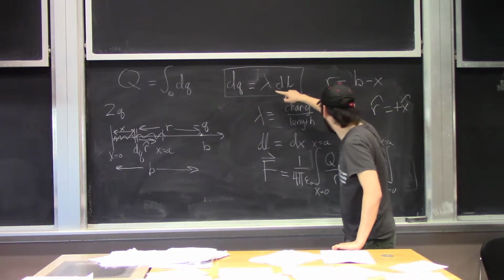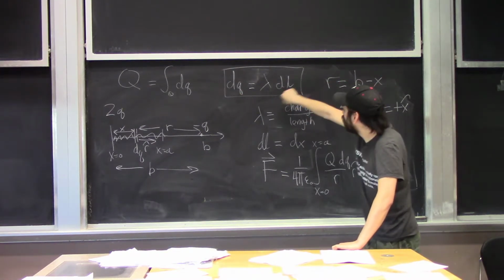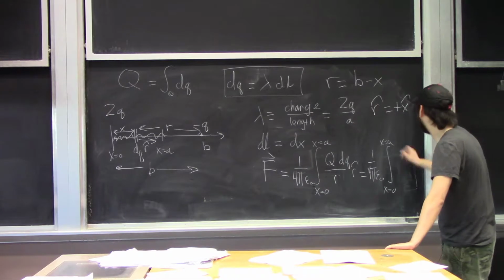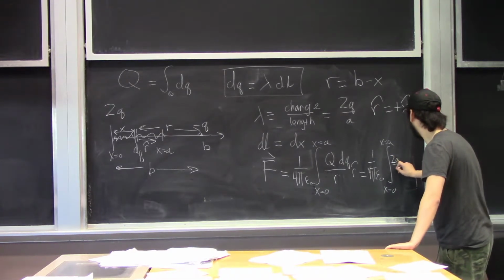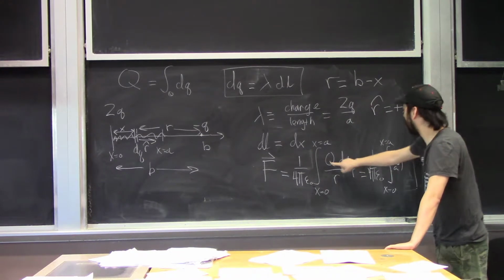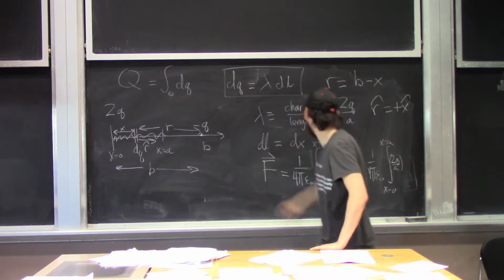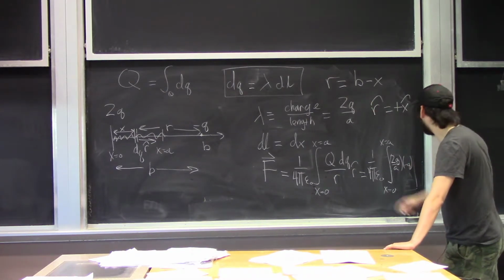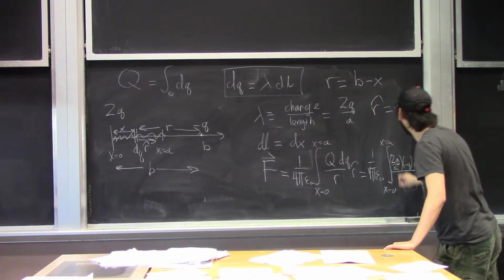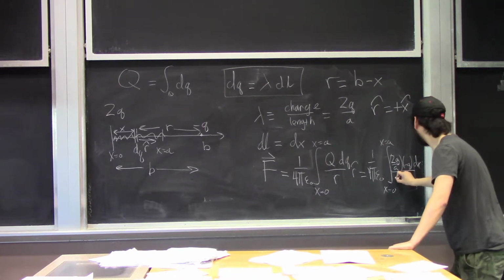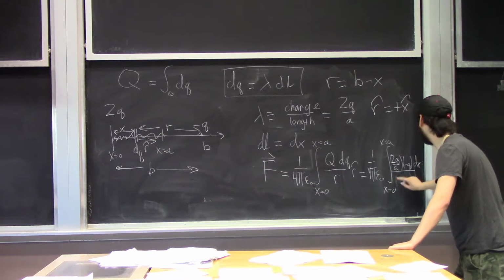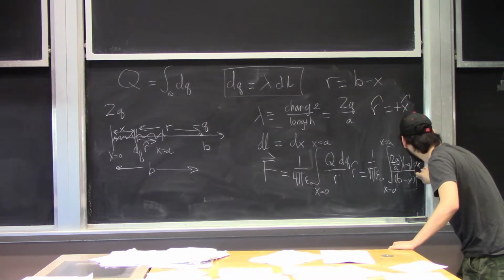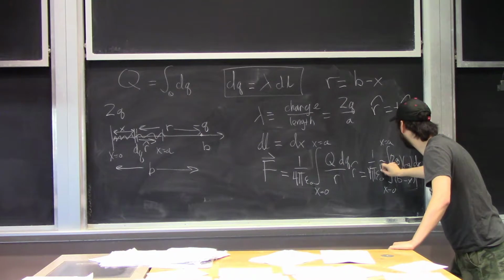We can plug in our dq is equal to lambda dl, plug in lambda, plug in dl, and so that's going to give us 2q over a times this q, which I said was minus q, so this is minus q, times our dl, which is dx, divided by r squared. So r squared is going to be b minus x, quantity squared. And because I don't have room here, I'm just going to sneak my x hat out in the front.